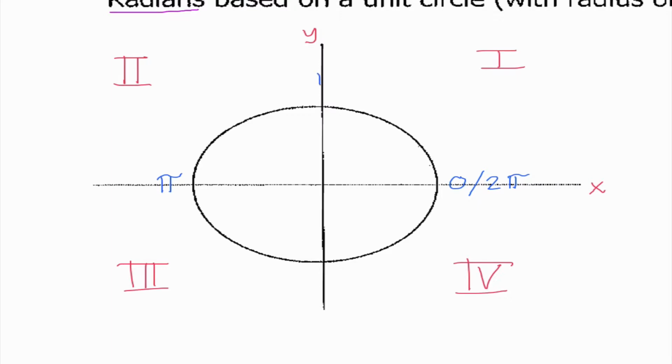Up top, we said that that's half of a semicircle, so that would be pi over 2. Down on the negative y-axis, that would be 1½ semicircles, so that would be 3 pi over 2. And then we said 1/4 of a semicircle right here is pi over 4.